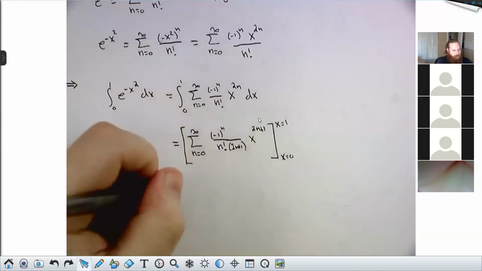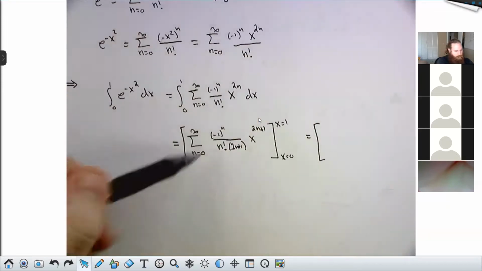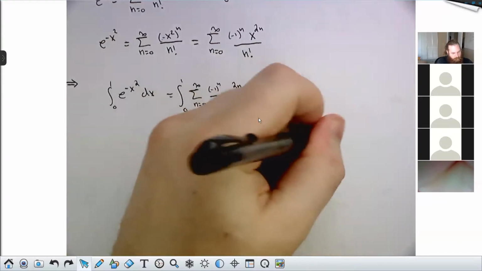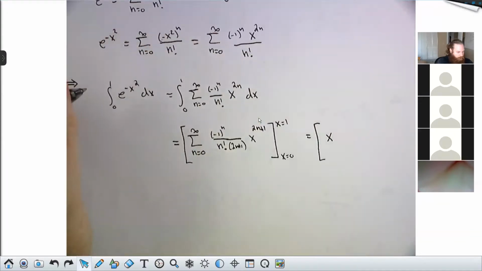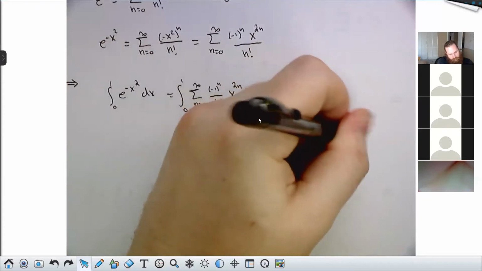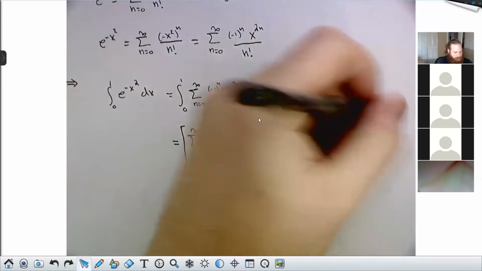You can think of this as being written out long ways. When n is 0, what do we get here? This is x. And then when n is 1, we'll have minus 1 over 1 factorial, 1/3 x cubed. And then when n is 2, you'll have plus 1 over 2 times 5.